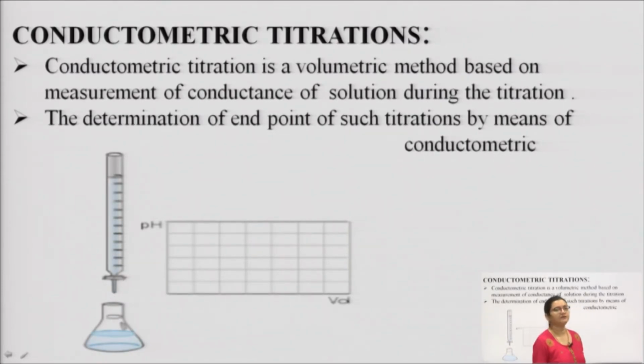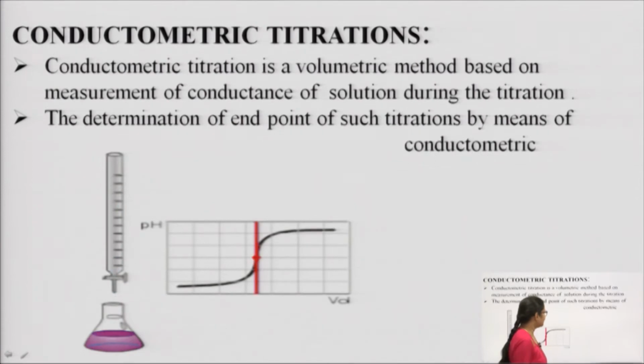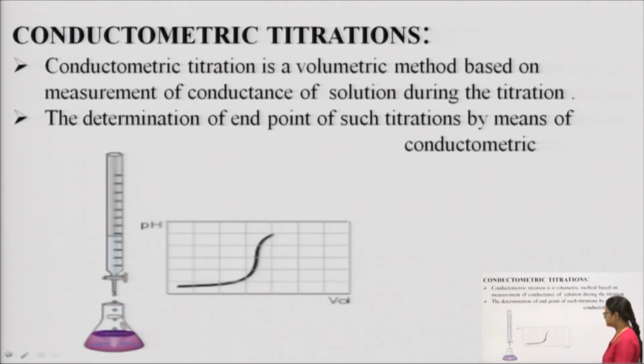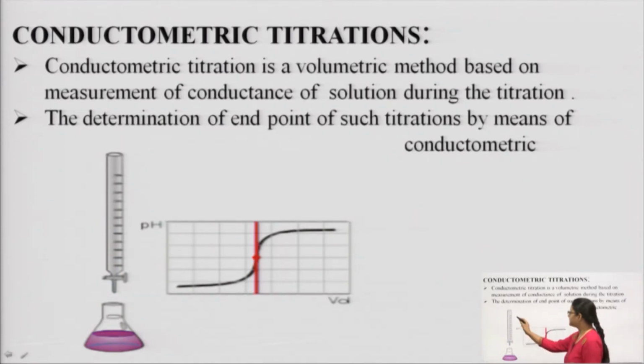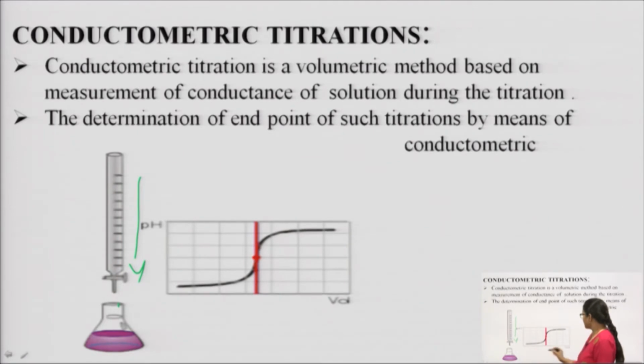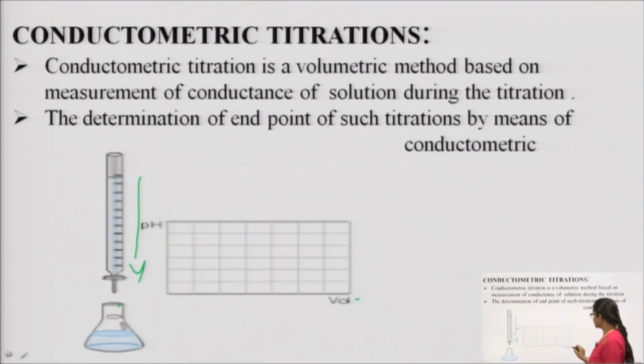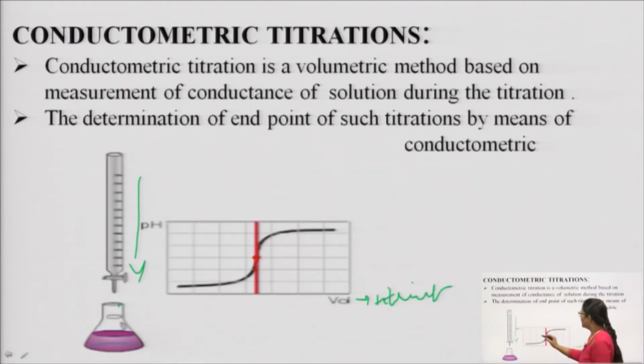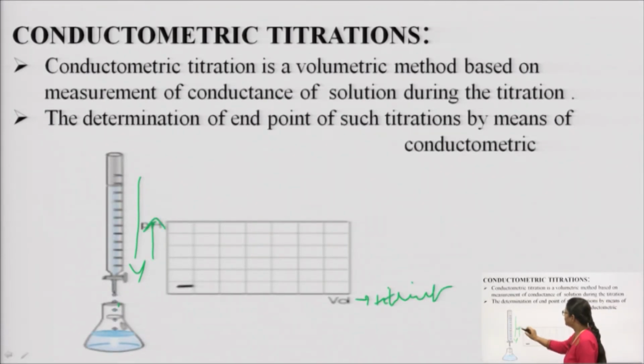In this diagram, you can see very well that the amount of titrant is being added. This is the volume of titrant which is being added, and this is the current generated.